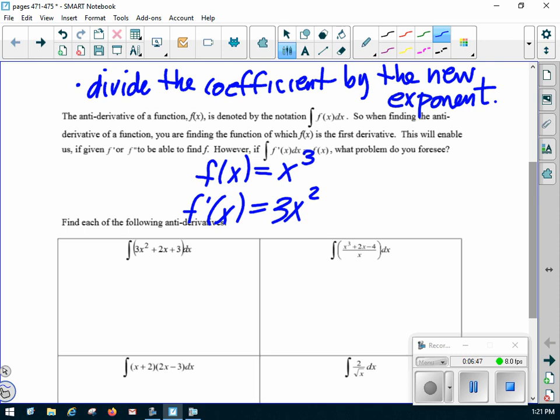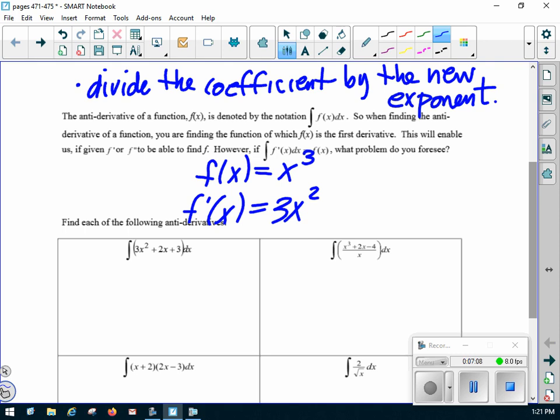Is that what you were thinking about? Is x cubed the only function on the planet that has a derivative of 3x squared? Give me an example. No, that doesn't have anything to do with it.